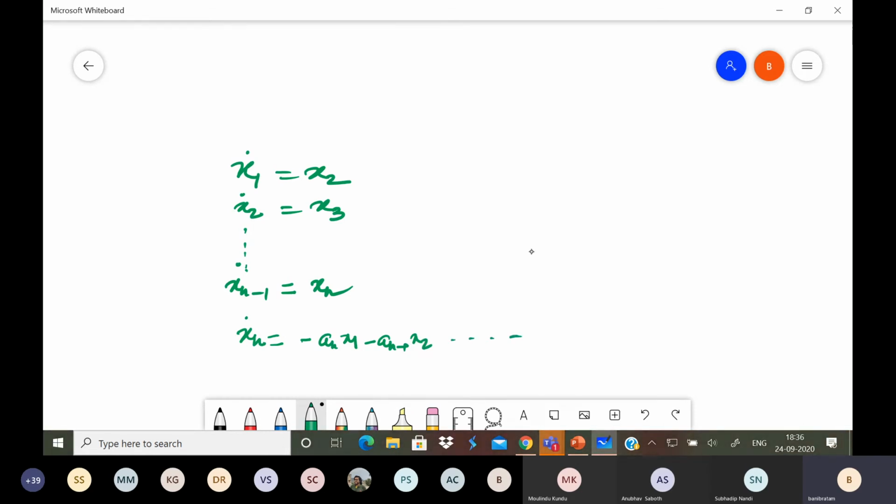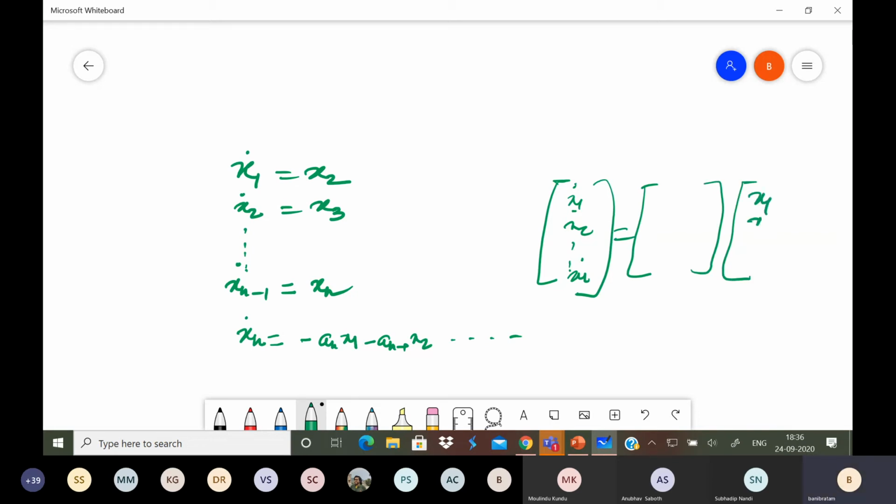So this I am expressing in vector form. If I write them, x1 dot, x2 dot, dot dot dot, xn dot equals to your A into x1, x2, dot dot dot, xn. So here x1 dot equals to x2. How can I write that?